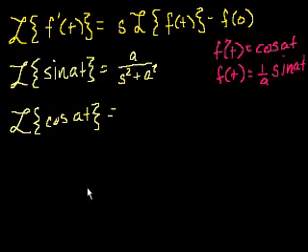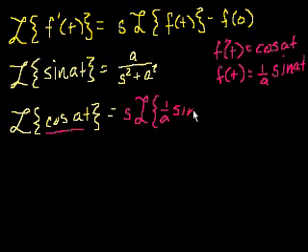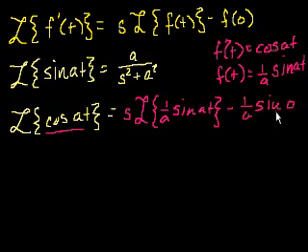So if this is f prime of t, then the Laplace transform is equal to s times the Laplace transform of its antiderivative, 1 over a sine of at, minus the antiderivative evaluated at 0, which is 1 over a sine of a times 0. Sine of 0 is 0, so this whole term goes away.